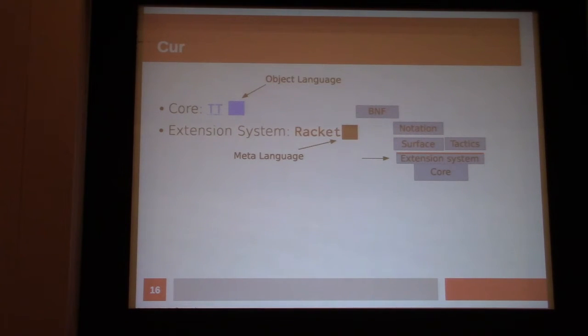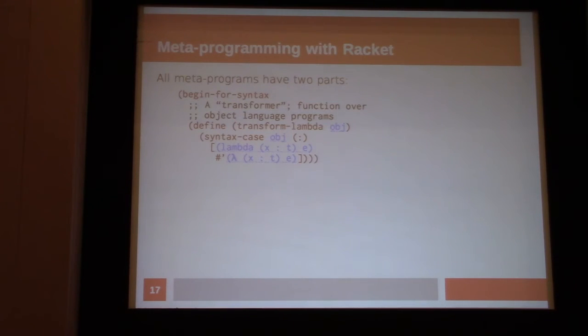Okay, for those of you who don't know, I'm going to go over metaprogramming with Racket. This is how we write new extensions in the Racket system. We're going to begin each piece of code, each metaprogram, with this begin-for-syntax, which just says we're no longer writing proof assistant code, we're writing an extension. The first part of each metaprogram in Racket, each of these extensions, is just a transformer, which is a function over object language programs.